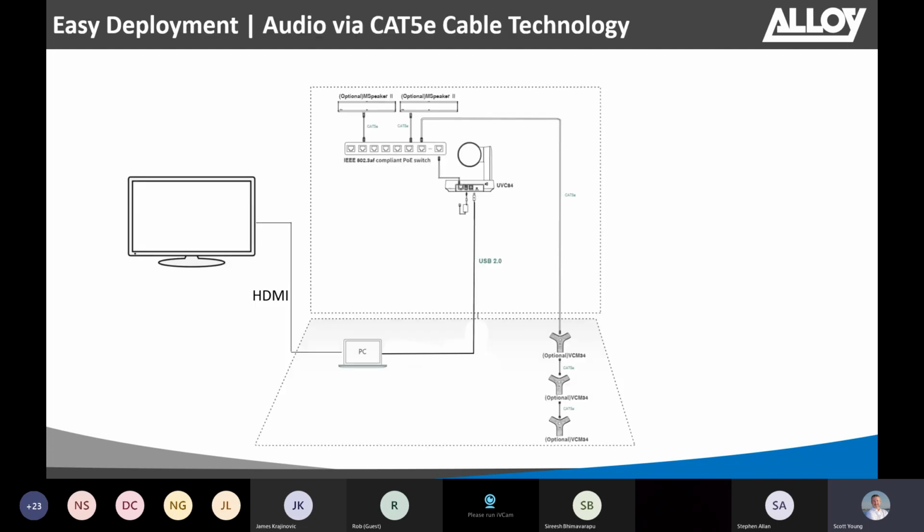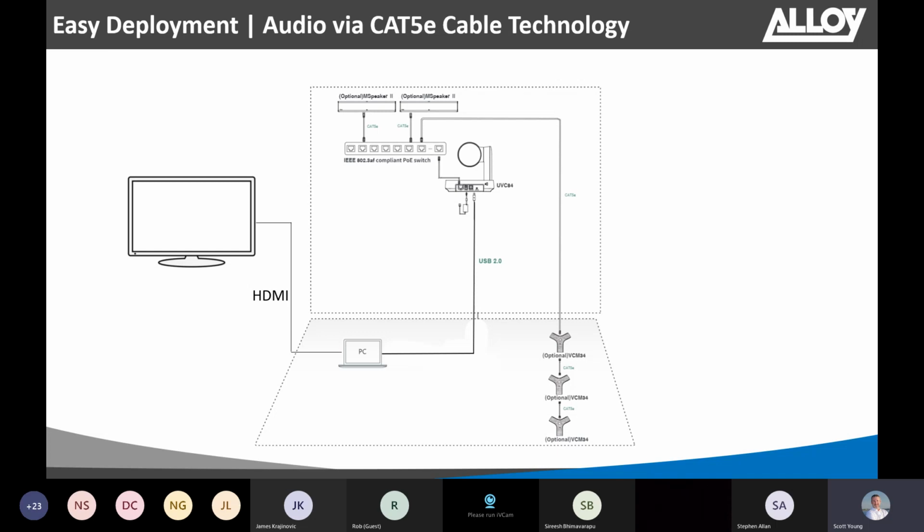So looking at this diagram, originally when the Yealink cameras were first released, it was a 3.5mm audio connection to our speaker, and it was an Ethernet connection to our mics. Now with the latest version of the M Speaker, we can Ethernet connect all of these peripherals.